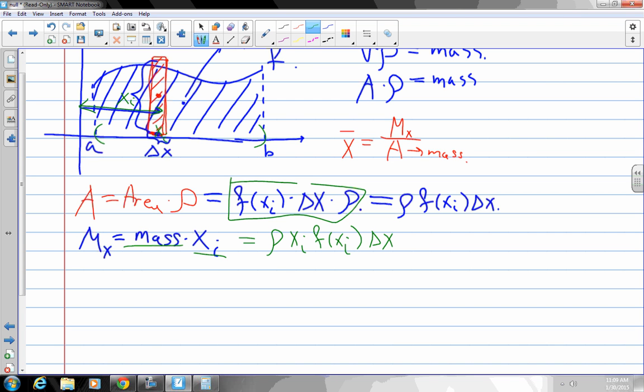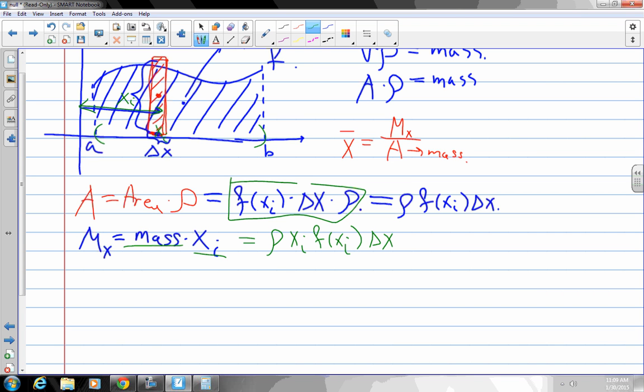But again, this is the weird part. If I'm balancing that thing, I'm trying to balance it in this direction, and I'm trying to balance it in that direction. So when I'm doing the moment around the x, which way is that balancing?